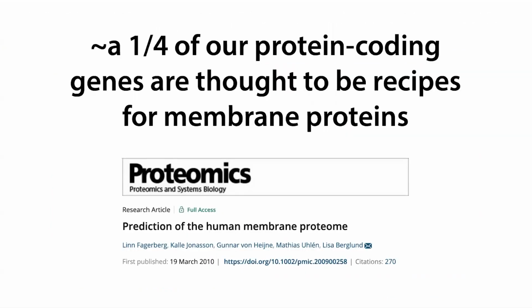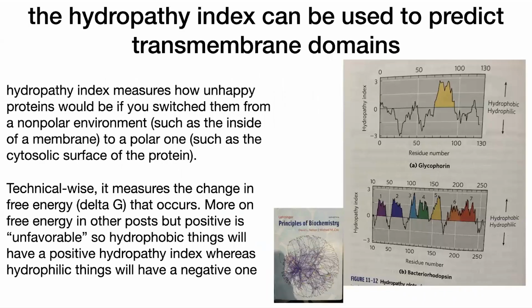Speaking of where you look, I had mentioned before that about a quarter of our protein coding genes are thought to be recipes for membrane proteins. And how this is predicted is based on something called the hydropathy index, which can be used to predict transmembrane domains.